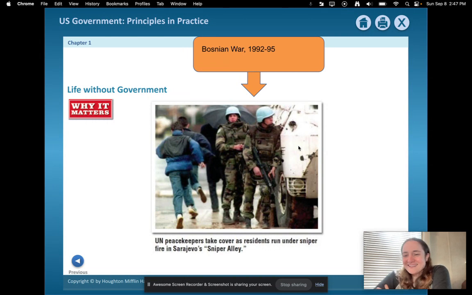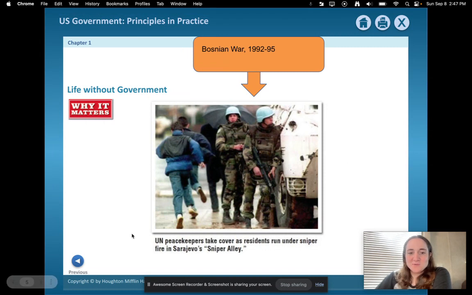All right. I'll say right now, your textbook is really old. These slides are from the textbook that you have, but I don't know that we read it once in a while. But just to put it in context, their example for life without government is the Bosnian War, which I had to look at myself, which happened in the early 90s.